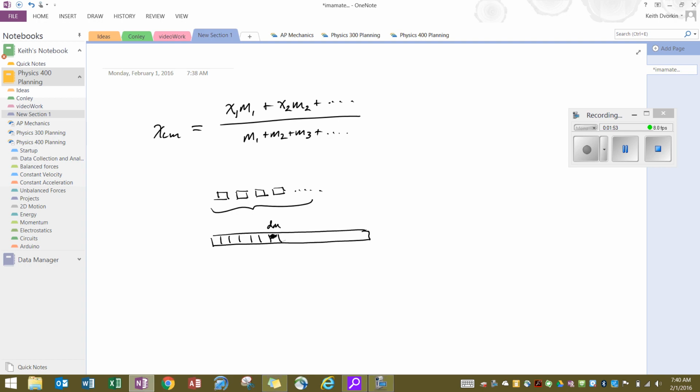So like this bit of this rod, for example, would have mass dm, and then we can just essentially add up an infinite number of these chunks.